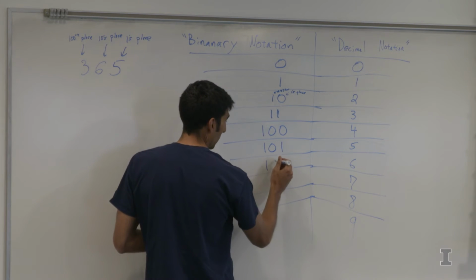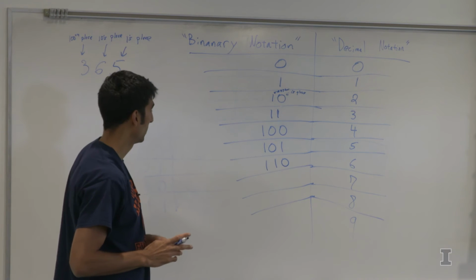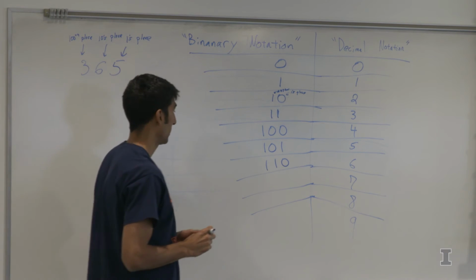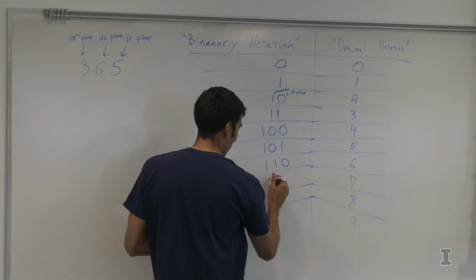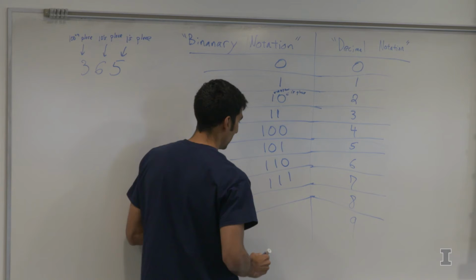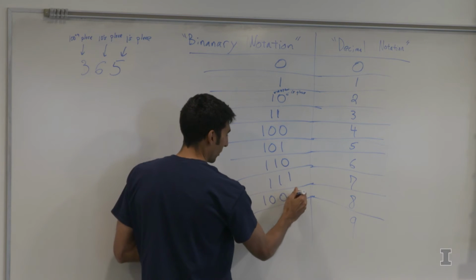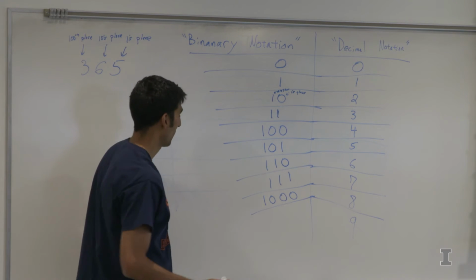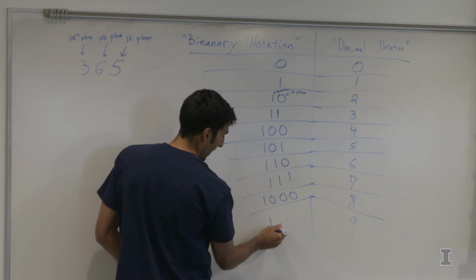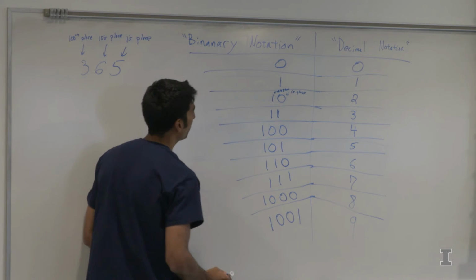So it's 1, 1, 0. 7 is 4 plus 2 plus 1. So this is 1, 1, 1. For 8, I just have 1 in the 8th place because 8 is a power of 2. So it's 1, 0, 0, 0. And then 9 would be, I have my 8, and then I have 1 more in the 1 place. Like that.